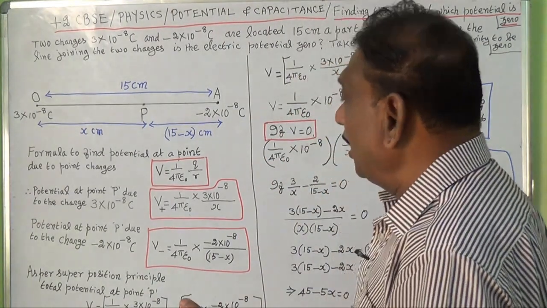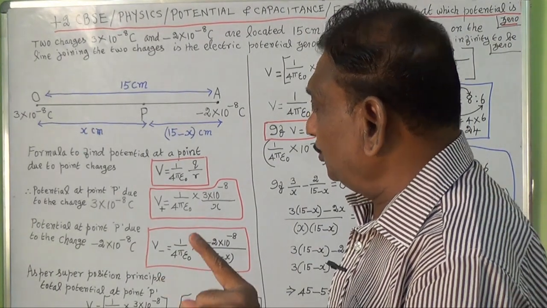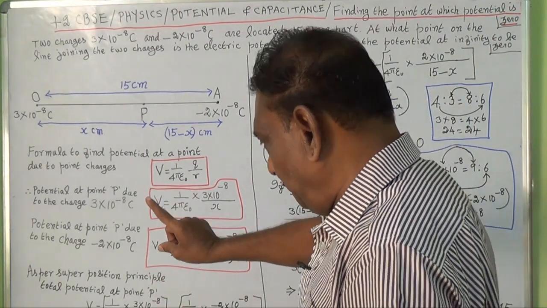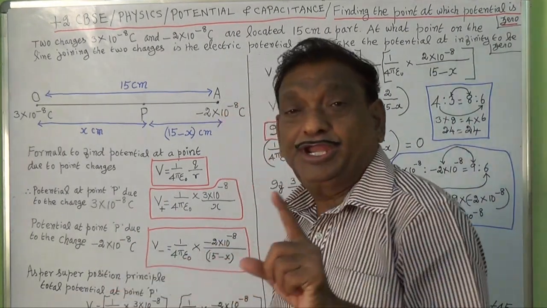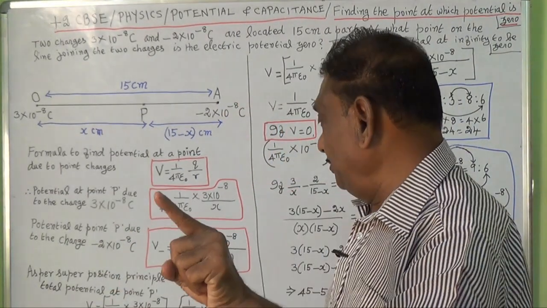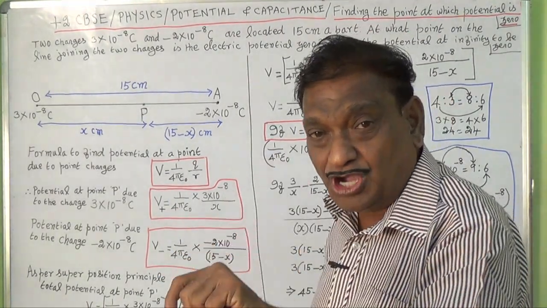Similarly, we are also going to write the potential at the point P due to the charge minus 2 into 10 to the power of minus 8 coulomb. What will be the potential due to this negative charge?